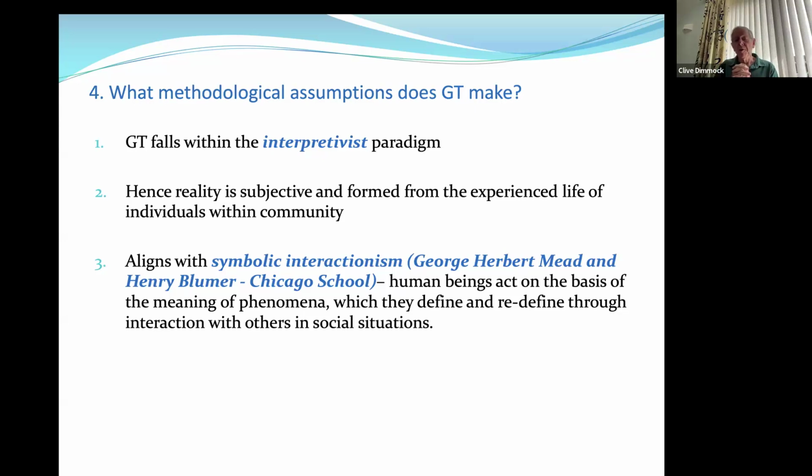is what's called symbolic interactionism, which is extremely reputable as a philosophical approach. And symbolic interactionism was attributed originally to George Herbert Mead and to one of his disciples, Herbert Blumer, who both come from the Chicago School of Philosophy and Sociology.